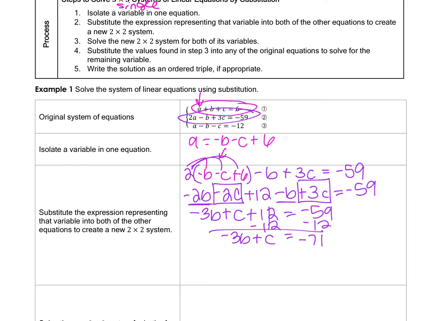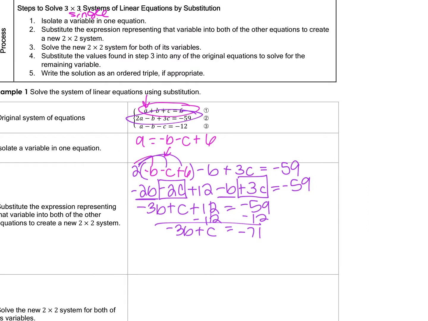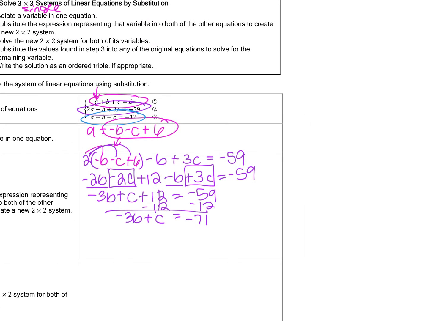Now I'm going to substitute that same thing for a into that third equation. In place of a, which is the very first one, I'm going to substitute that in, minus b minus c equals negative 12.